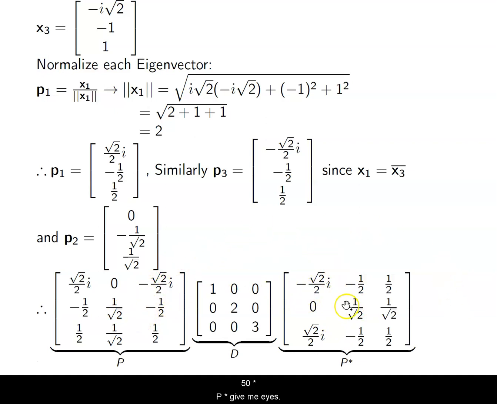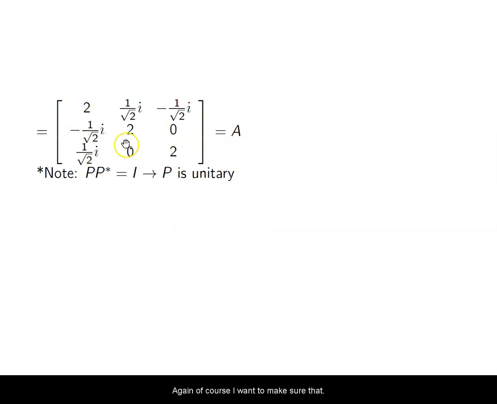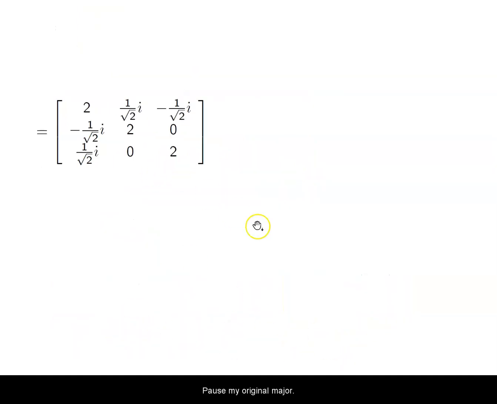If P times P star gives me I, that means that P is unitary. I needed P to be a unitary matrix. So that's one way I can check to make sure I'm on the right path. Again, of course, I want to make sure that PDP star equals my original matrix.